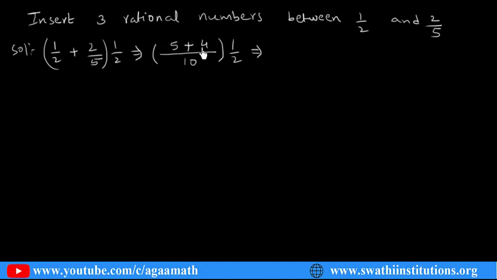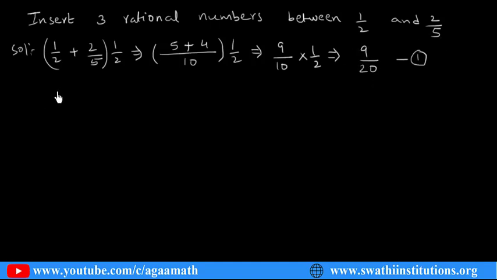It's nothing but 5 plus 4 is 9. 9/10 into 1/2. So it is nothing but 9/20. So this is one rational number we have inserted. So in between 1/2 and 2/5 we got 9/20.